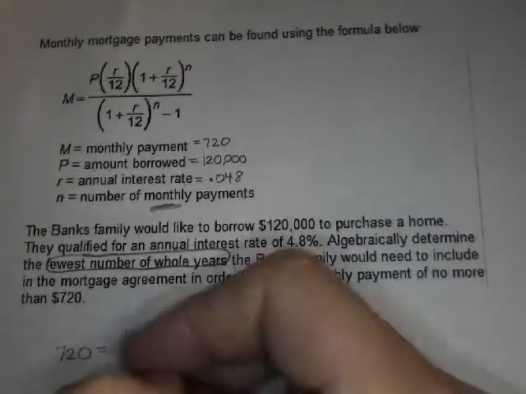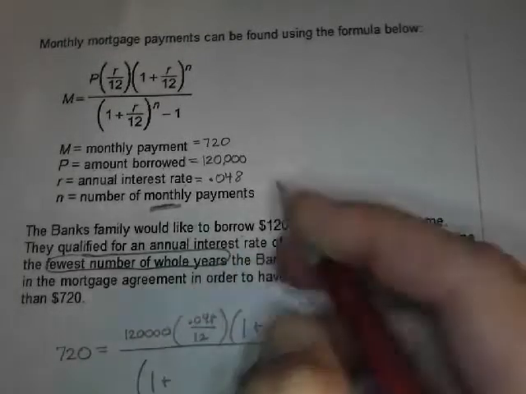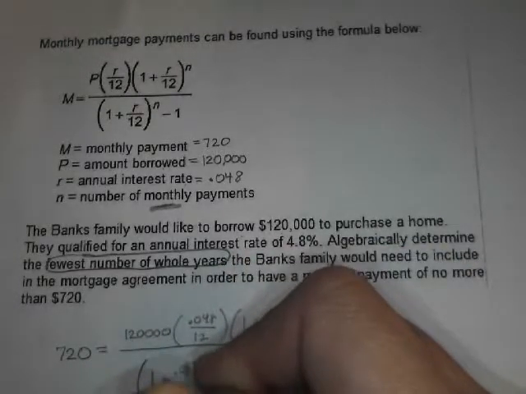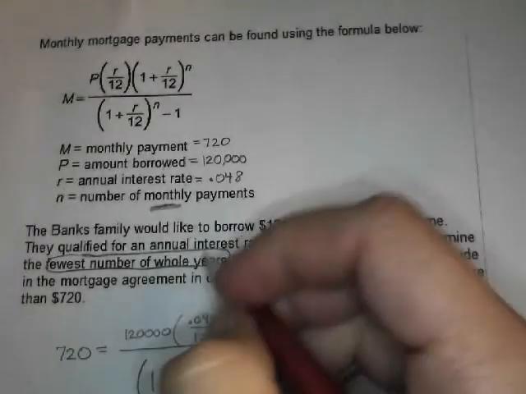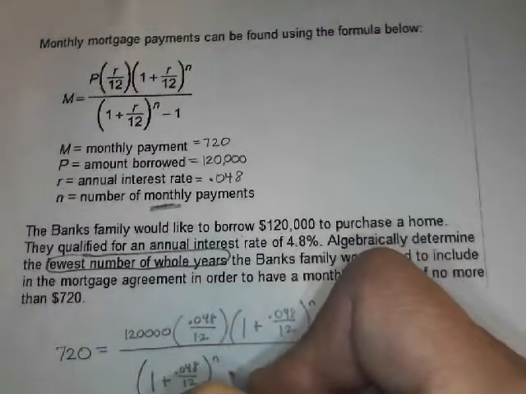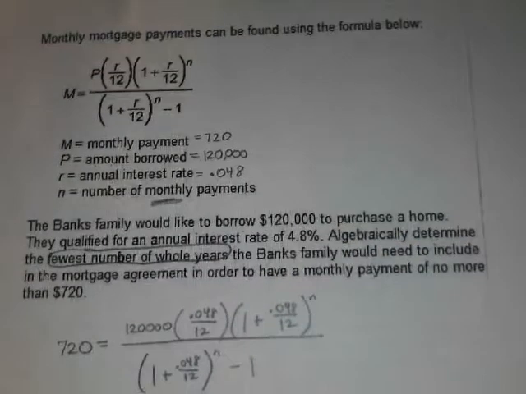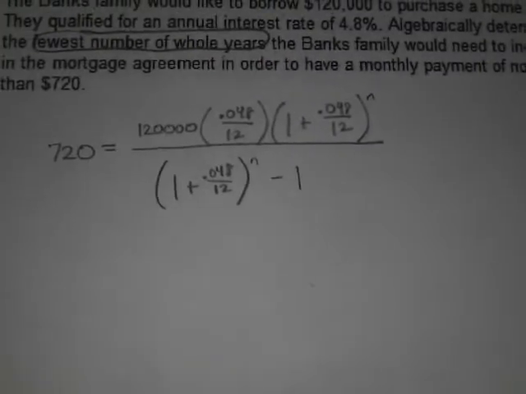All divided by 1 plus 0.048 over 12, to the nth power, again, we don't know what n is, minus 1. Well, that's not very pretty, is it?